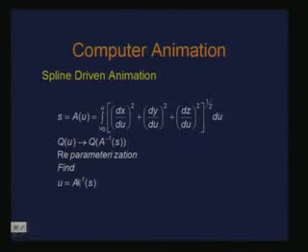Okay, so in other words, we are now reparameterizing in s with this relationship. Either you say s is equal to A of u, or you say u is equal to A inverse s. Right? So as far as the formulation is concerned, we are able to do a reparameterization in s of q of u.